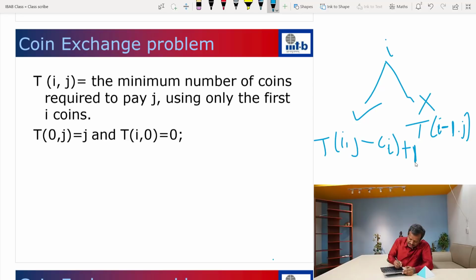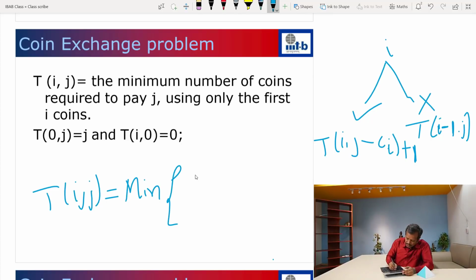So, I get the recursion here, T of i comma j. I have two options since the objective is to find the minimum number of coins. Among these two options, whichever gives me the minimum, I will choose that option, right. So, this is the minimum of two options. One is that I use the ith coin. In that case, I have to pay for j minus c of i using the first i coins.